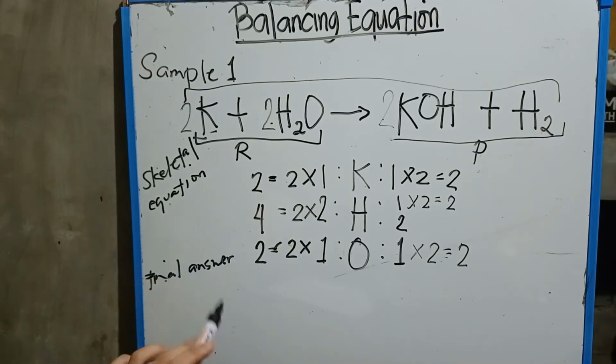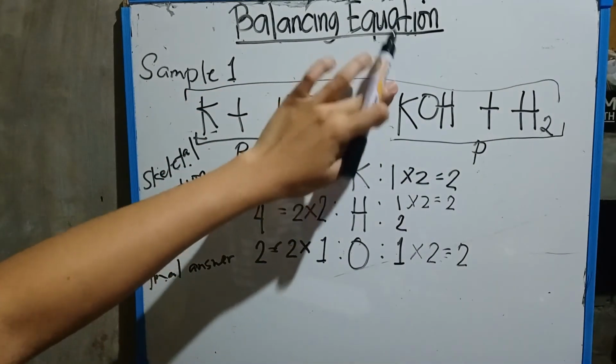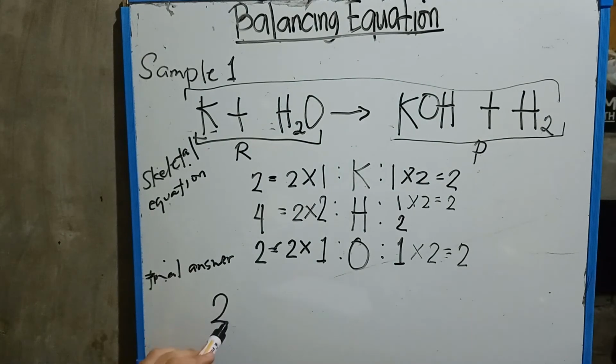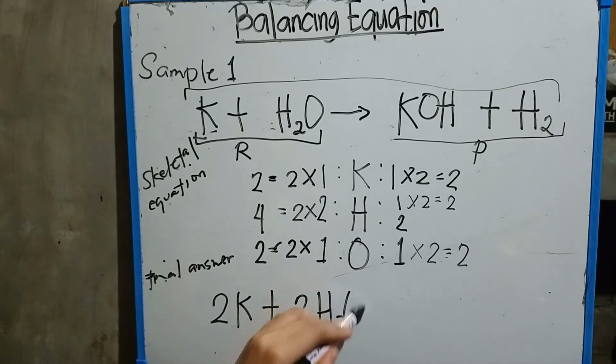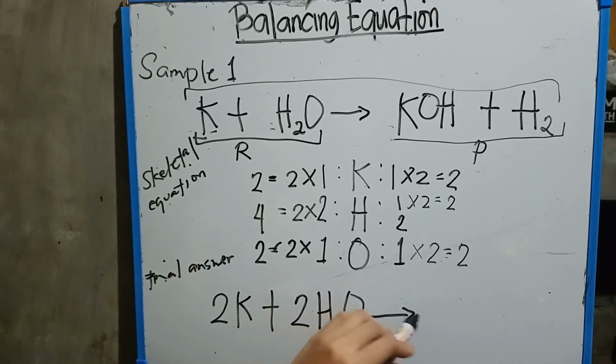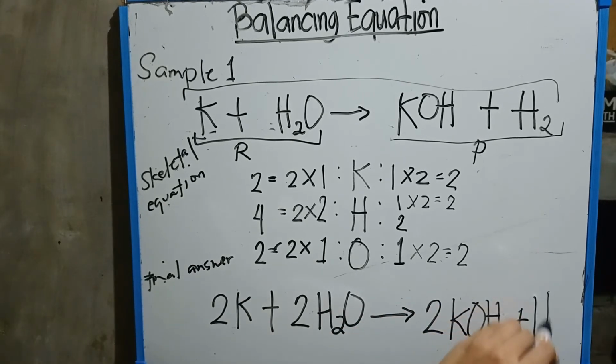So, for our final answer, 2 potassium plus 2 water yields 2 potassium hydroxide plus hydrogen.